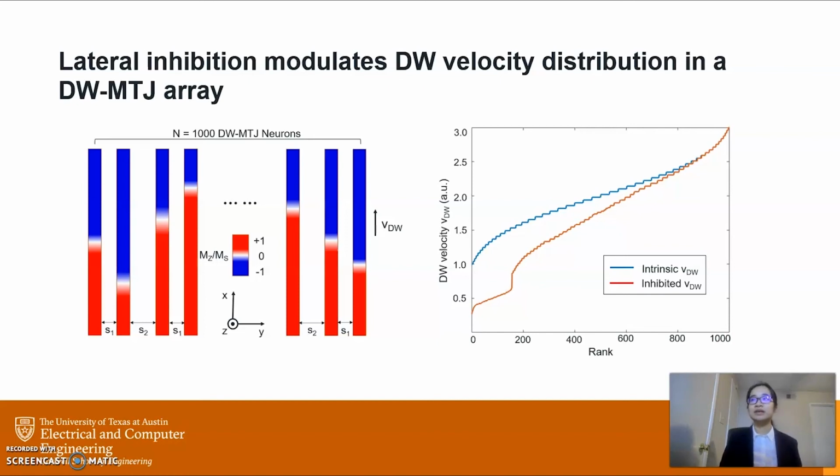This means that if we have a certain time window for outputting the neuron spike signal, due to lateral inhibition there will be a smaller portion of neurons that can fire. This is potentially very useful for implementing selective firing of the domain wall neuron array.